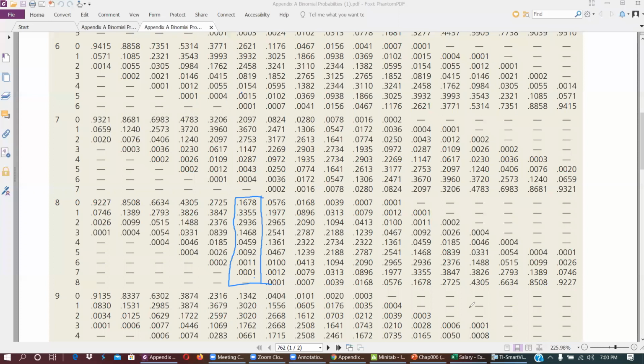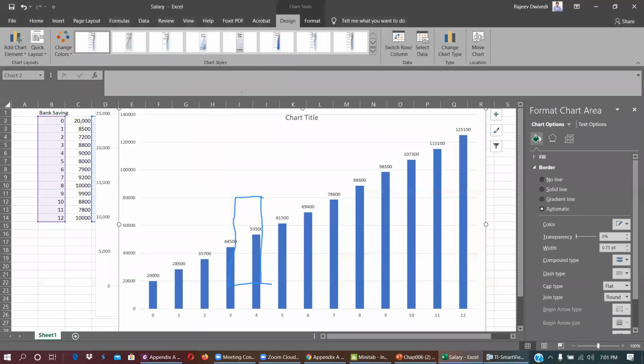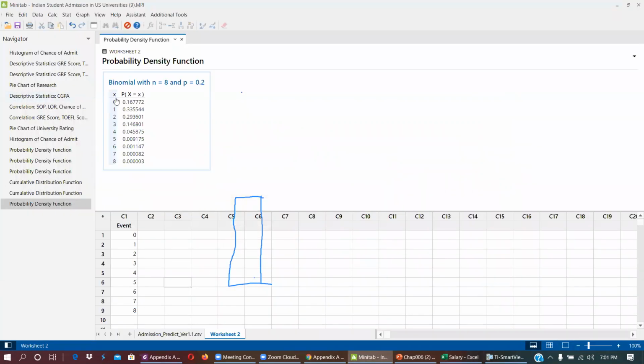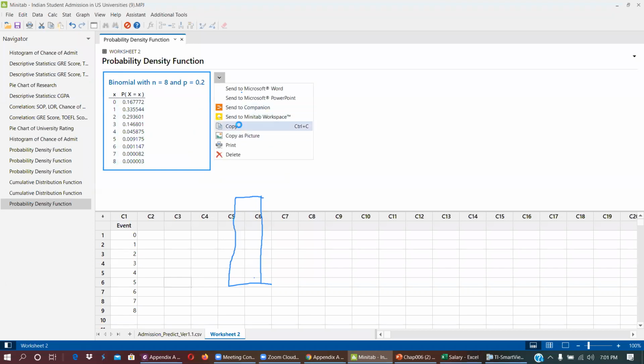Now I would like to show how I can draw this PDF. Okay, very easy. Where I got the answer, right here. So this is 1, and I copy this entire thing. Copy.